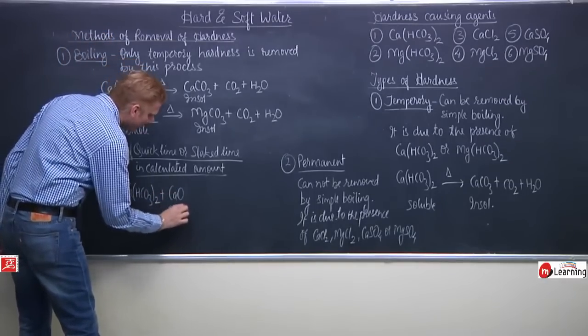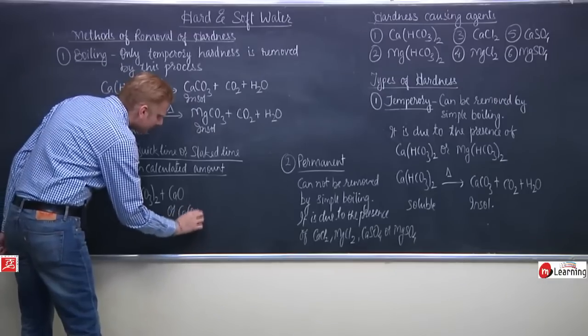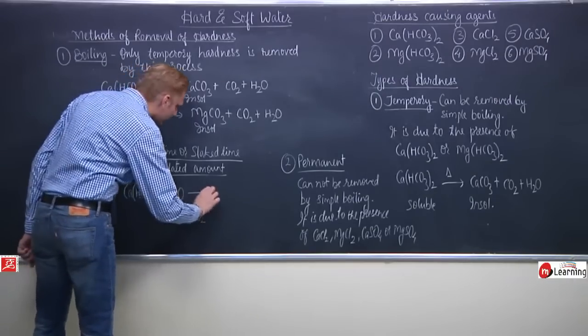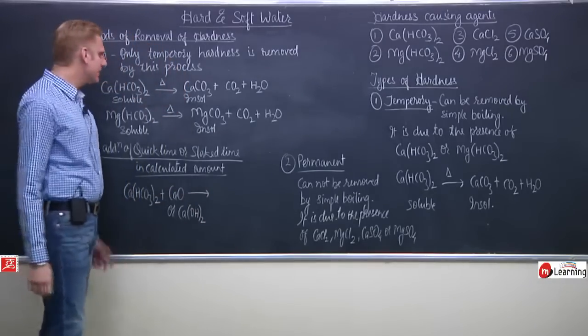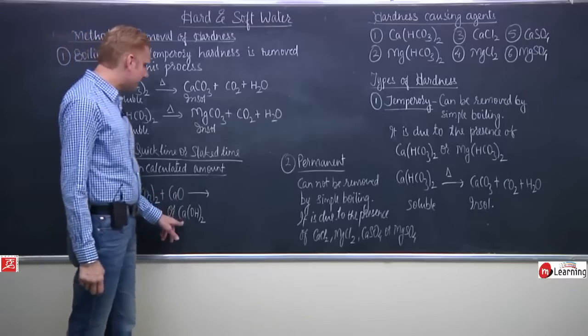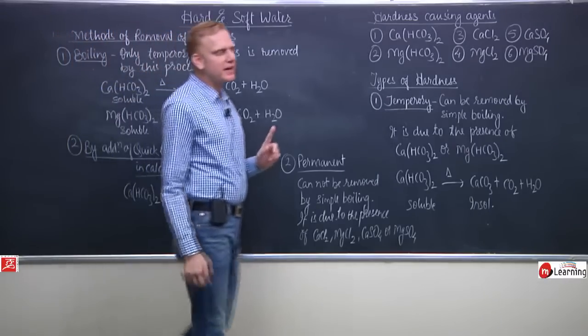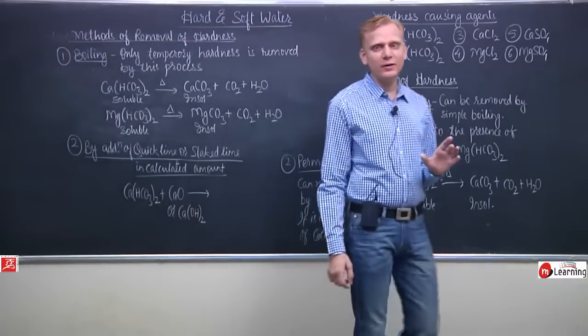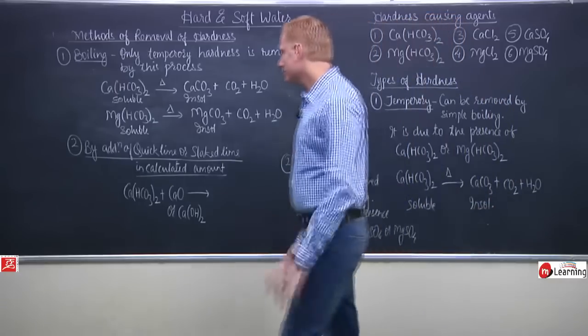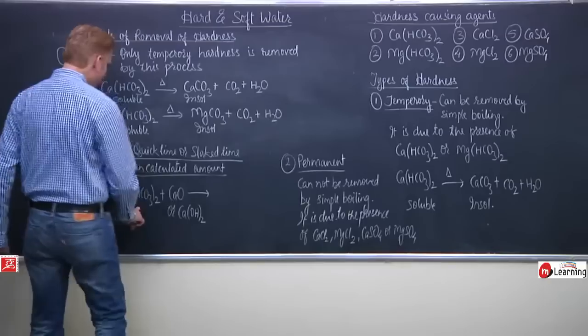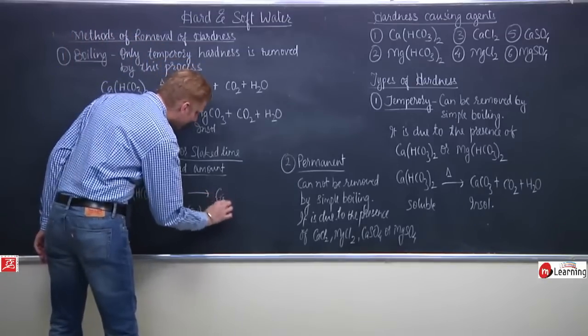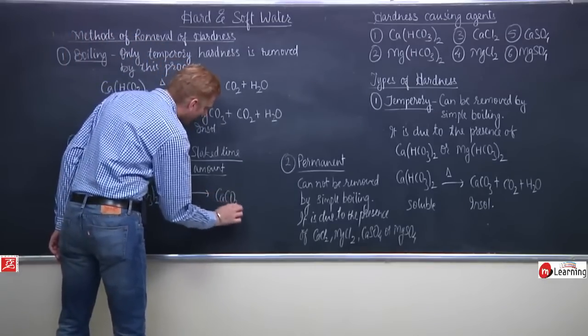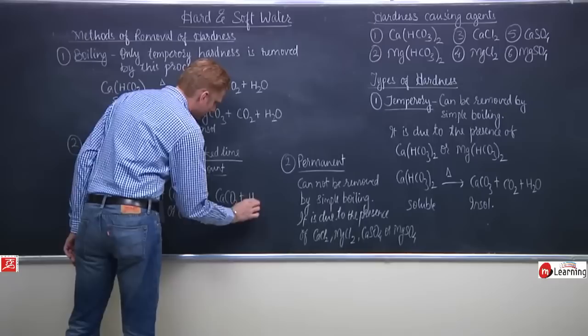Quicklime is calcium oxide, slake lime is calcium hydroxide. So whether you take quicklime or slake lime, it must be again in the calculated quantity, because the bicarbonate converts into carbonate on reaction with this compound.